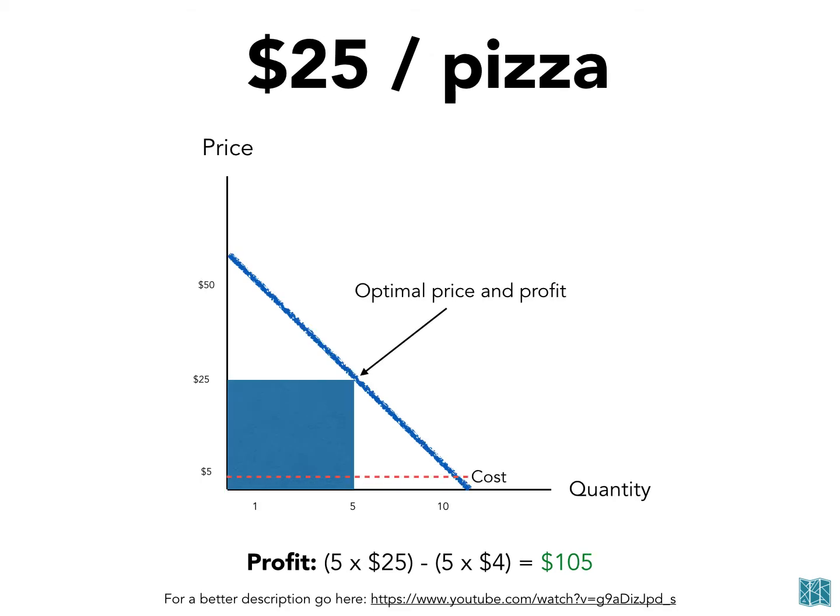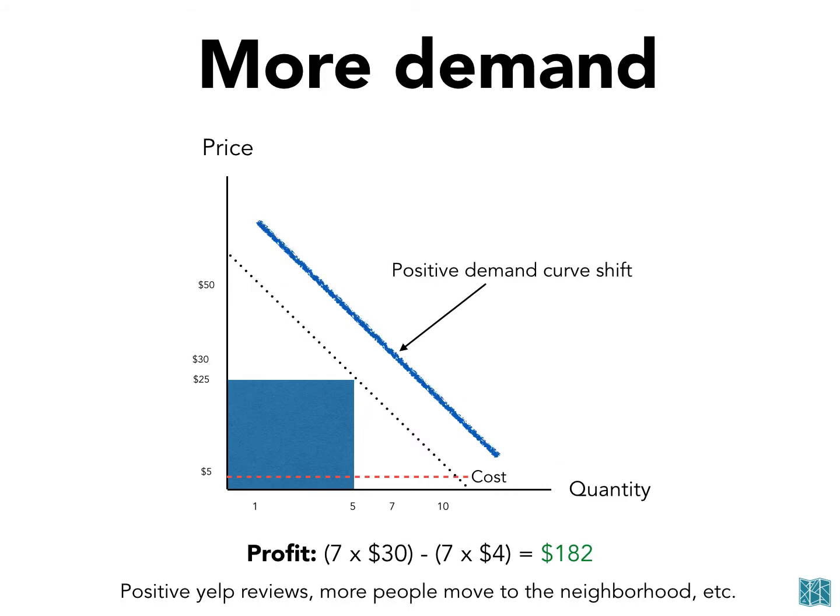So what supply and demand teaches us is that there's an optimal price somewhere along this demand curve, which allows you to maximize the area of the blue square, meaning the most possible people paying the highest price such that you make the most money. But what this also means is that you can shift that demand curve outward.